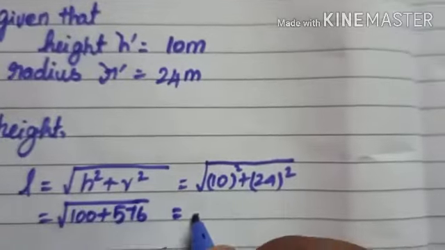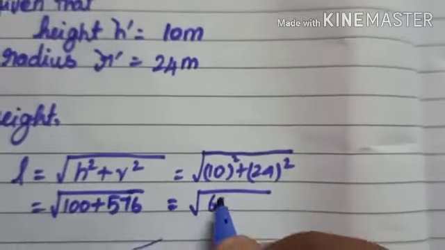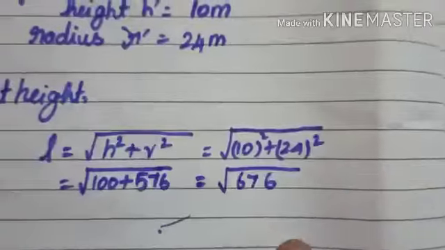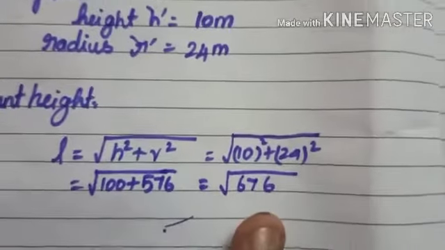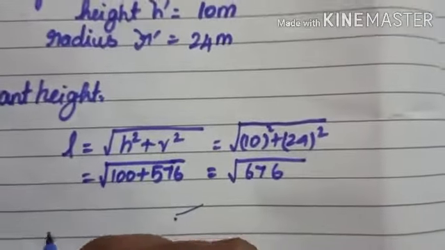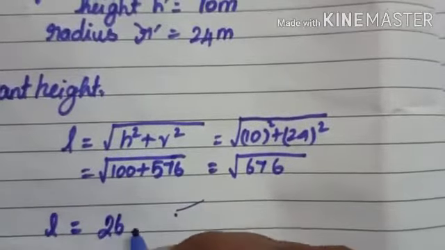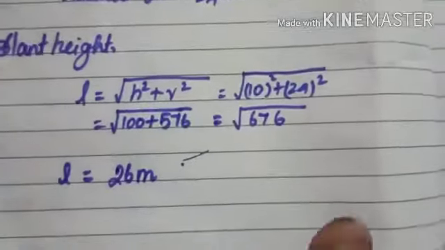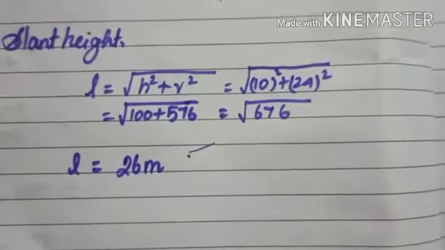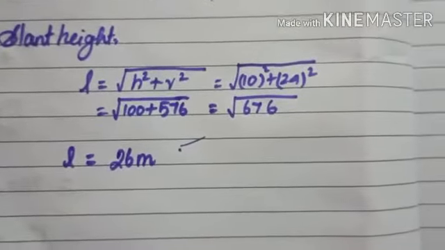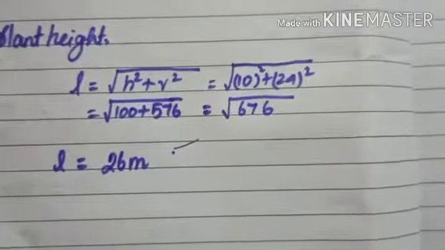Now you add these two, you get 676. So what is the square root of 676? L is equal to 26 meter. So the square root of 676 is 26 meter.